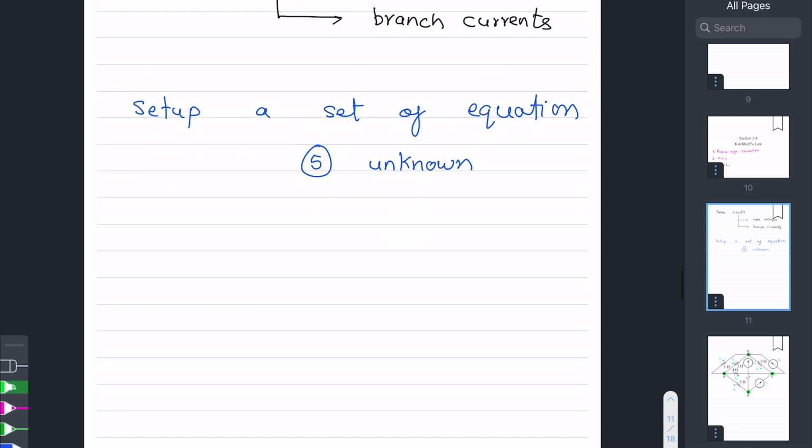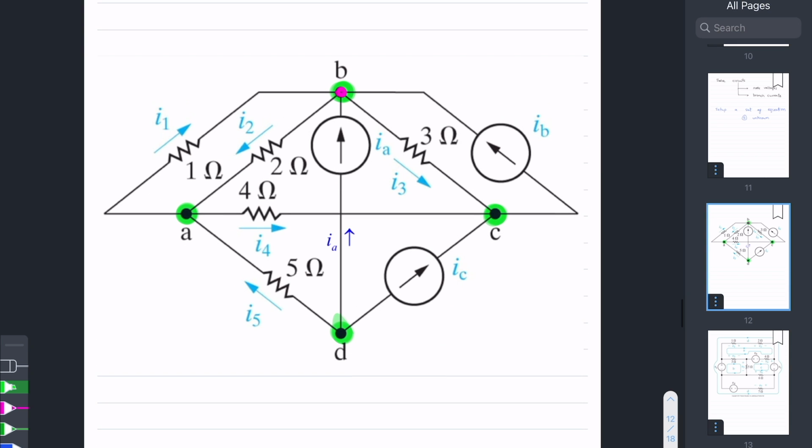So let's look at KCL. We'll start with KCL, Kirchhoff's current law. The canonical definition of Kirchhoff's current law is that the sum of currents at any node is 0.